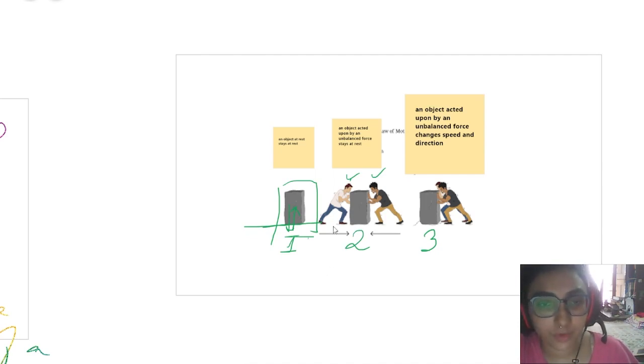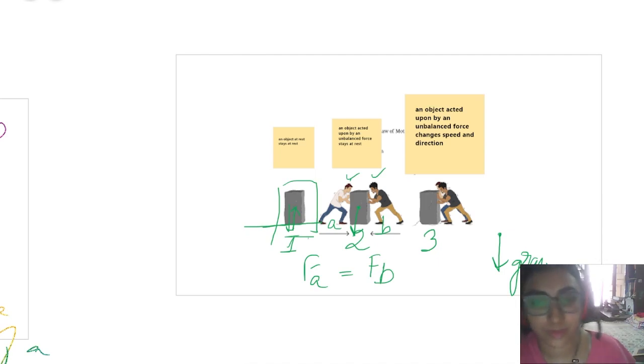Because the force, let's call this man A, let's call this man B. So force exerted by man A is equal to force exerted by man B. At the same time, the force that the stone exerts on the ground is basically called its weight, which is its mass into acceleration due to gravity.